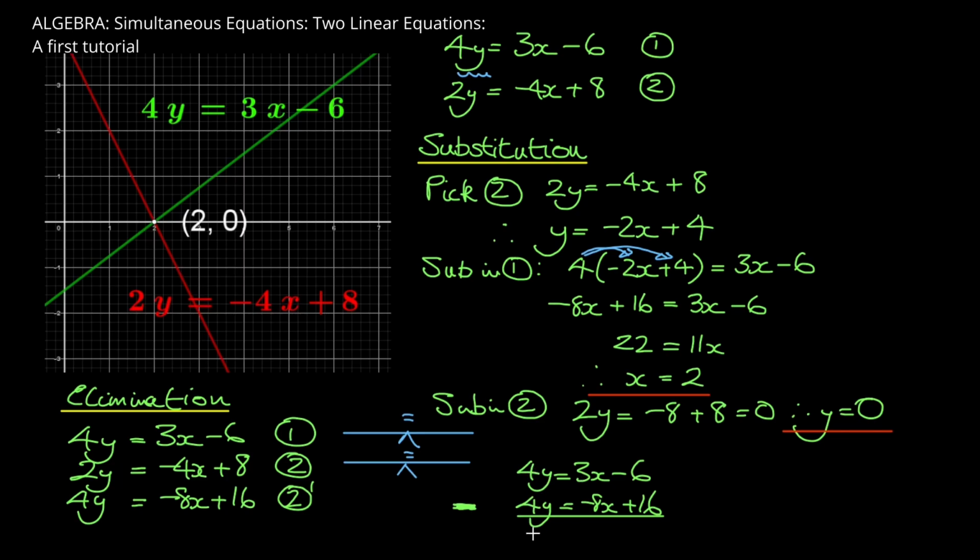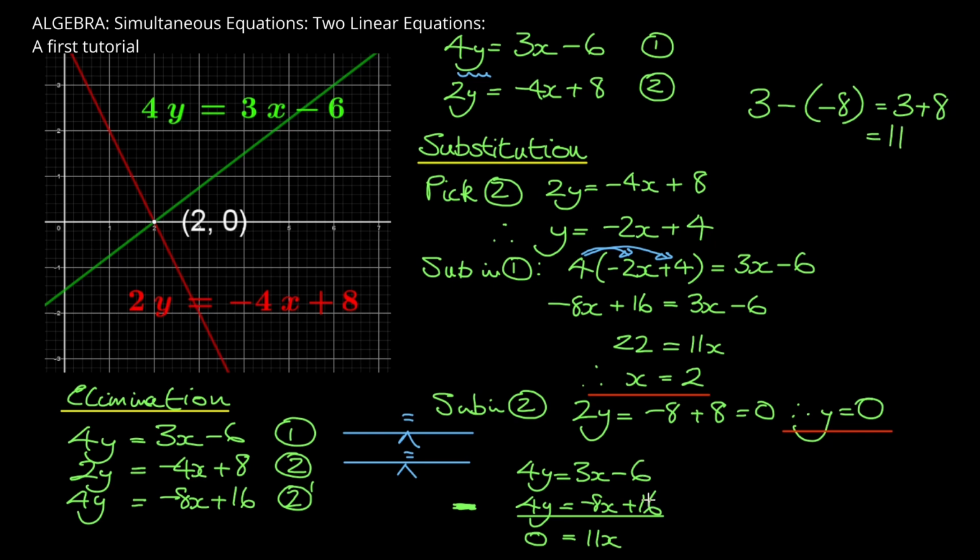4y take away 4y is 0. 3 take away negative 8 is 11. What you're effectively doing is you're saying 3 take away negative 8, and that's equal to 3 plus 8, which is equal to 11.